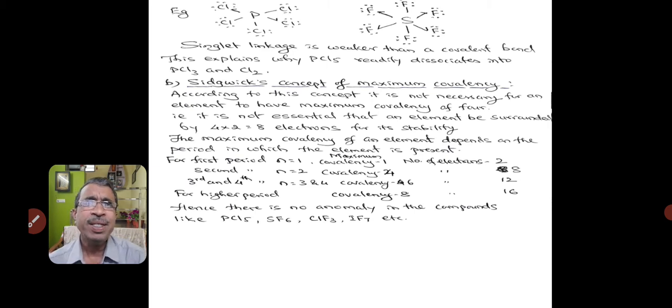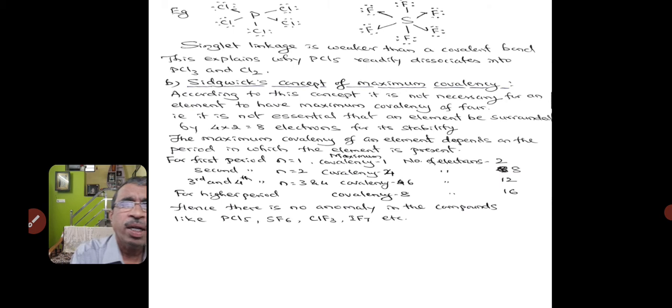Let us take an example of PCl5. In case of PCl5, we have 3 covalent bonds with 2 electrons between the two atoms, and we have 2 covalent bonds where only 1 electron is present, which is shown by the half arrow mark.